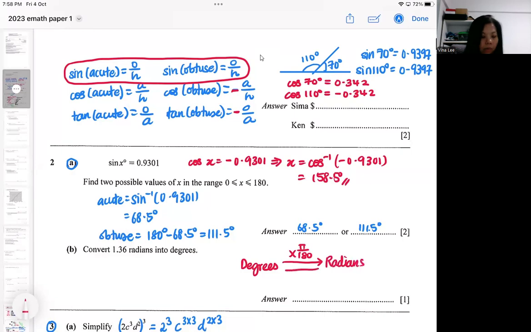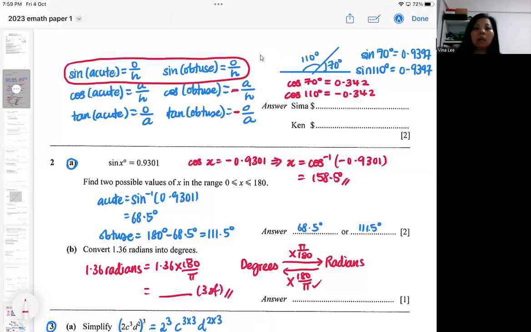The other way around, you multiply by 180 over pi. In this case, I'm converting the radian back to degree, so I'm going to do a multiplication of this part. And that will be your answer, in 3 SF.